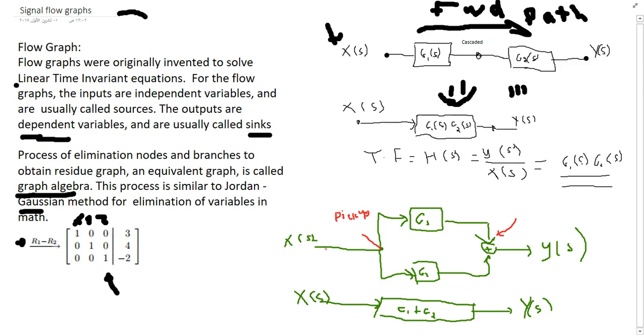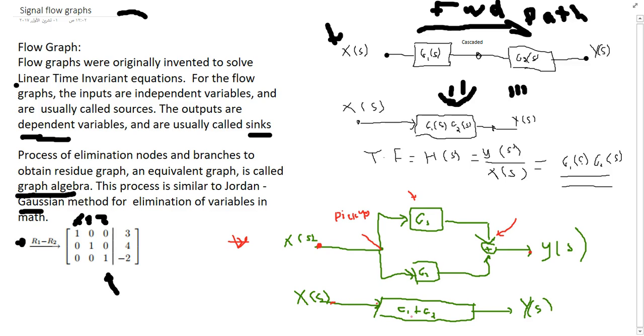This node here is the input node, and this is the output node. This we call the forward path gain. If there is no gain, we consider it as just one. So from this point to this point, the gain is 1.